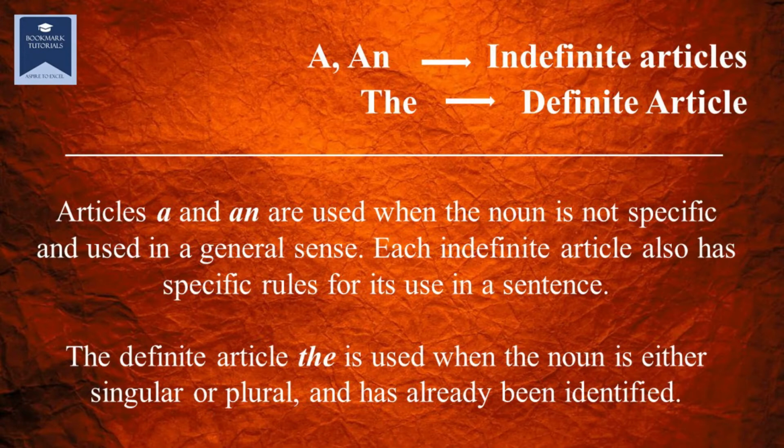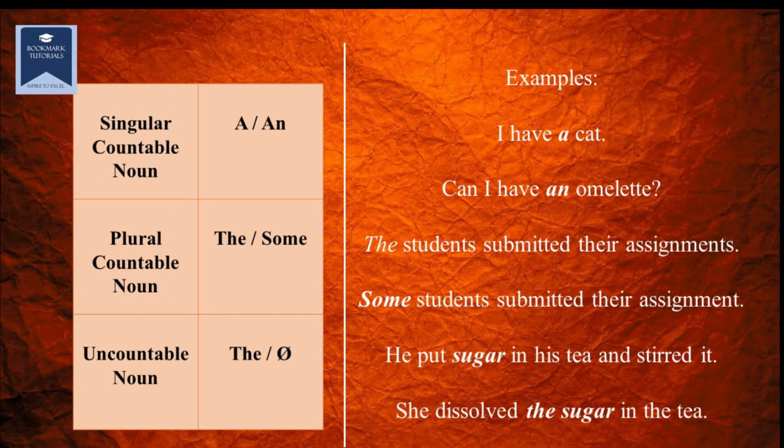Each indefinite article also has specific rules for its use in a sentence. At the same time, the definite article the is used when the noun is either singular or plural and has already been identified. Let's look at some examples on how to use them.